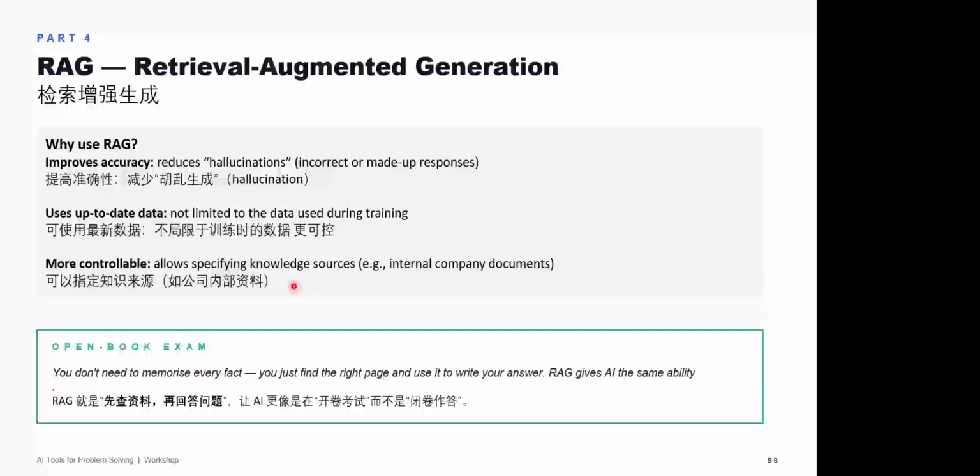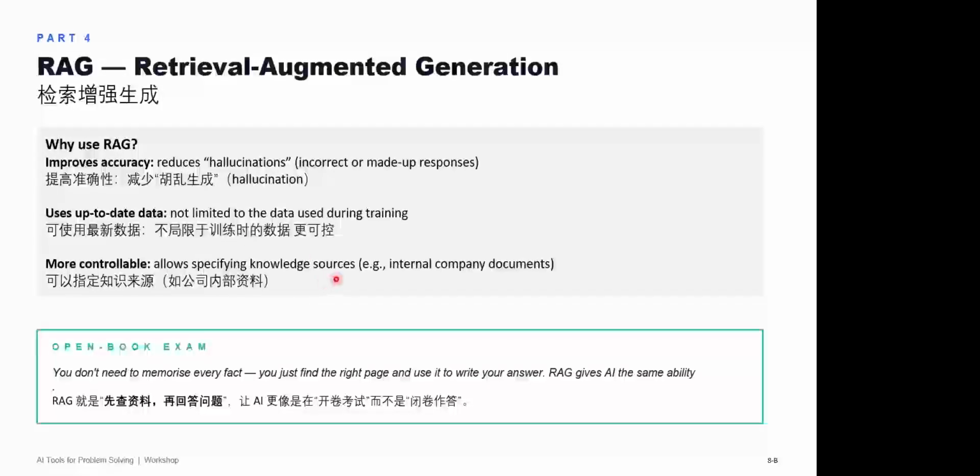And the third one is that it is more controllable. It is not just simply some other source, but you can also specify the knowledge sources. If it's trained internally, it can be internal company documents.